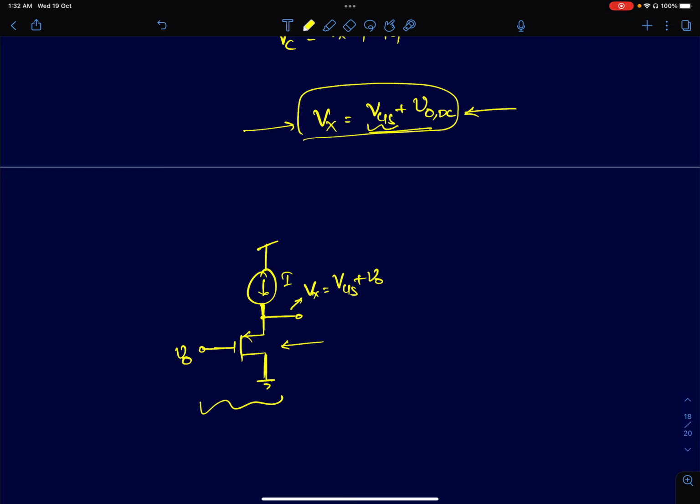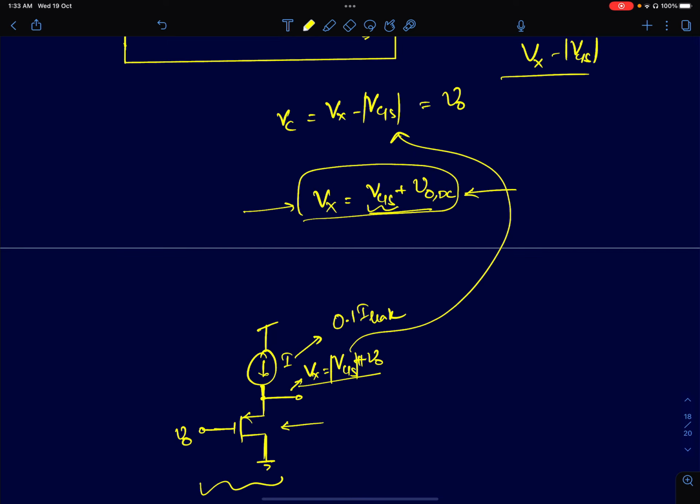So ideally, for this circuit to work perfectly, I have to ensure that this current source here should be exactly equal to 0.1 times I leak. If I do that, then I can expect Vx should be exactly equal to mod VGS plus V naught, and this mod VGS will be exactly equal to the current mirror's mod VGS.